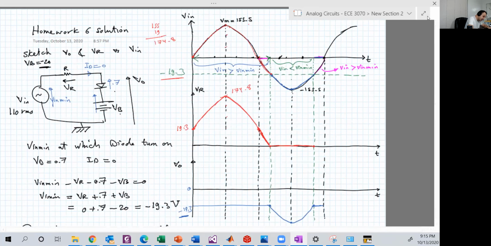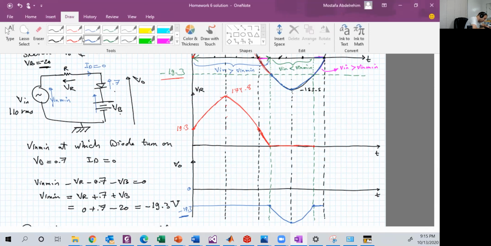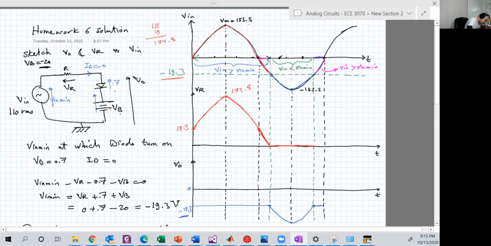So basically, you will have this portion raised up here. It will be something like this. Here is minus 19.3 plus 19.3, which will give you 0. Here is 0. Add it to 19.3, it will give you 19.3.